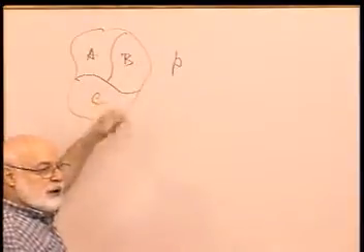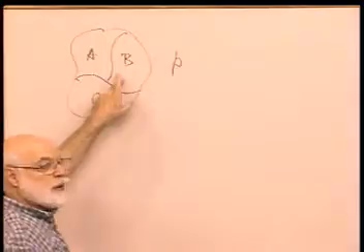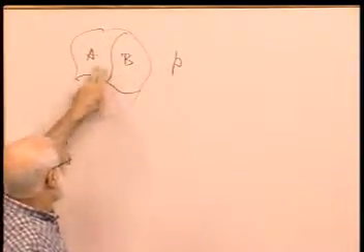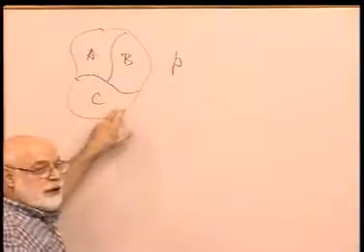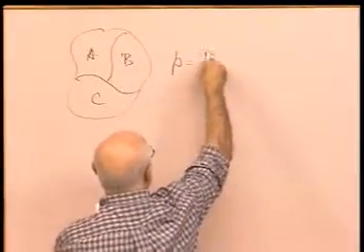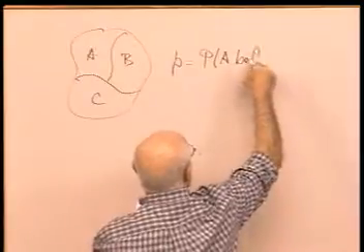We're going to conduct this experiment as many times as necessary until either A or B occurs. And the possibilities, since this is a partition here, are in any trial you get either A or B or C. And the question is, what we'll call P is what's the probability that we get A before B.